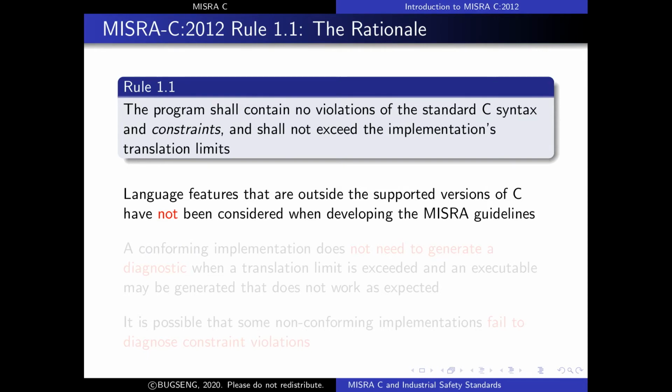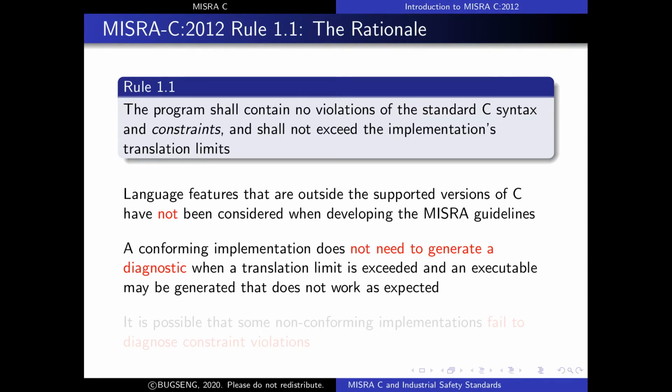This is not true. Not only have language features that are outside the supported version of C not been considered when developing the MISRA guidelines. The point is that a conforming implementation, so a conforming compiler, does not have an obligation to generate a diagnostic, so a warning or an error, when a translation limit is exceeded. What is a translation limit?